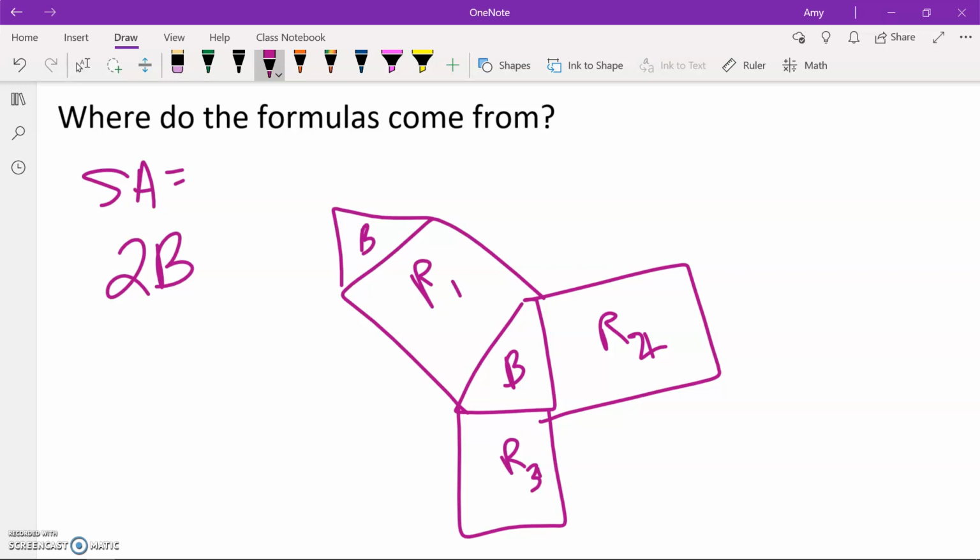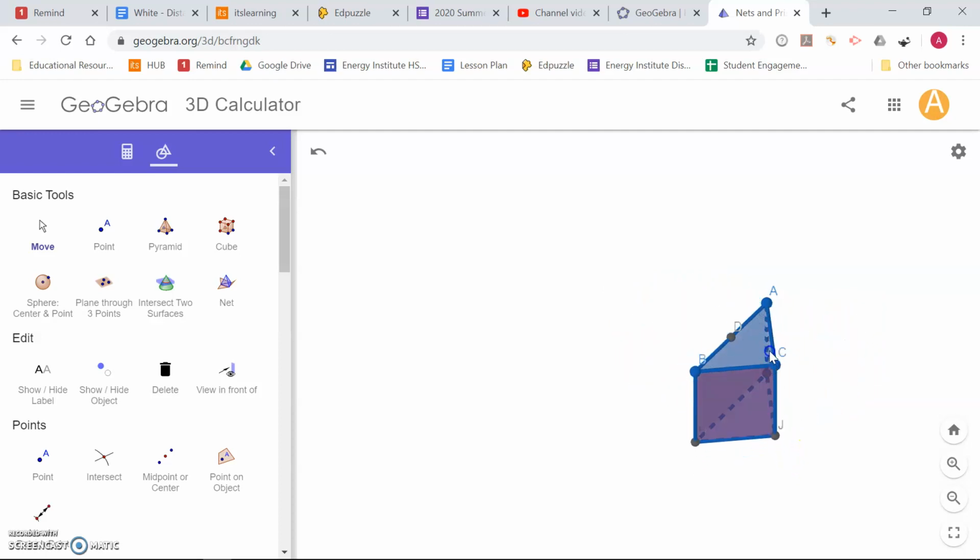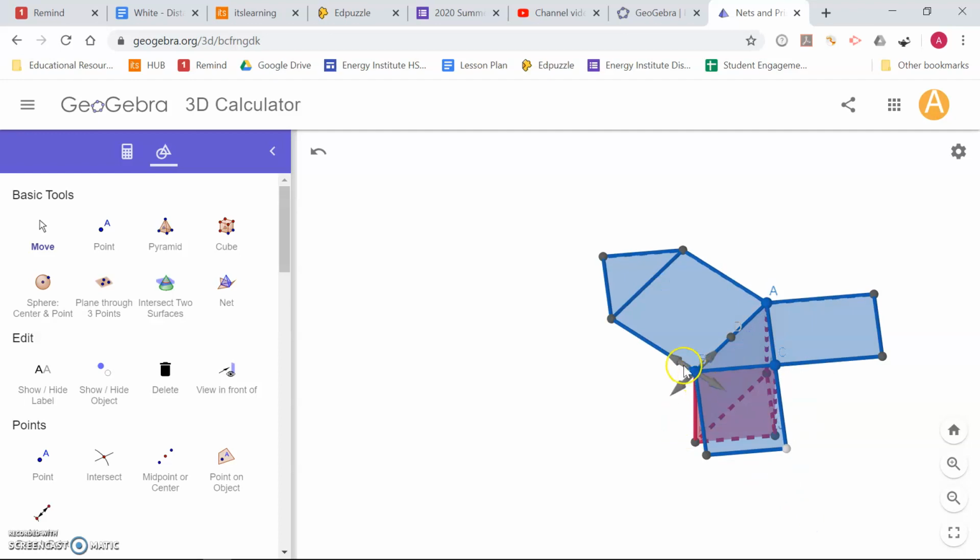But let's think. So area of a rectangle is length times width. The length of this rectangle, what is the length of this side? Well, that side that I was showing you over here is now the point from like C to J or B to H. That side is actually the height of our prism.